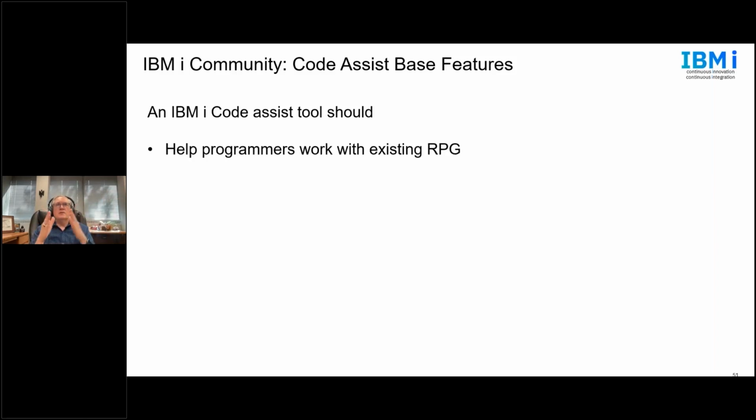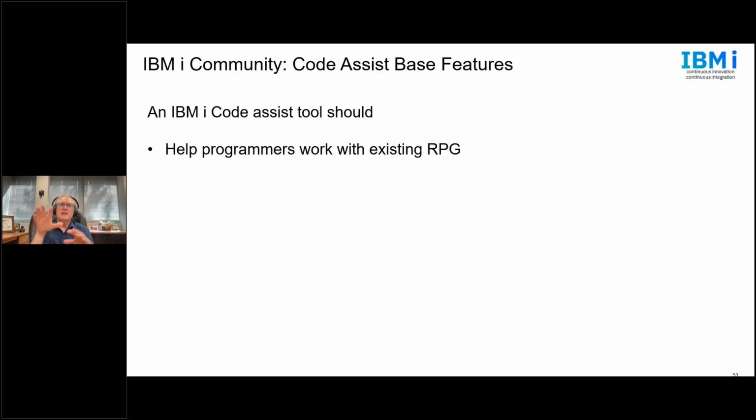Our businesses that use IBMi and specifically RPG have said the most important thing that you could help us do, we have so much existing RPG. Some of it's fixed form, some of it's free form. The newest stuff is free form. Okay, but if you can help programmers work with that, then it'll be easier for us to hire people who don't know RPG.